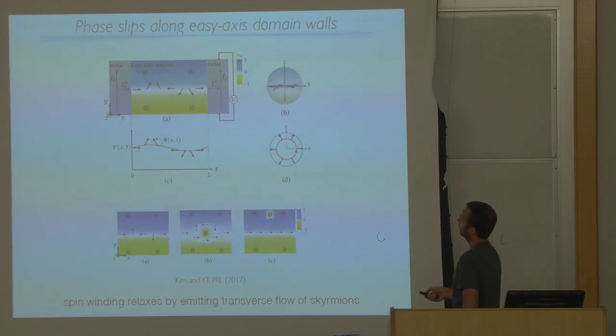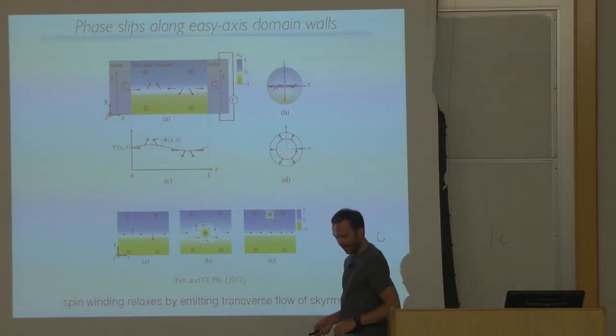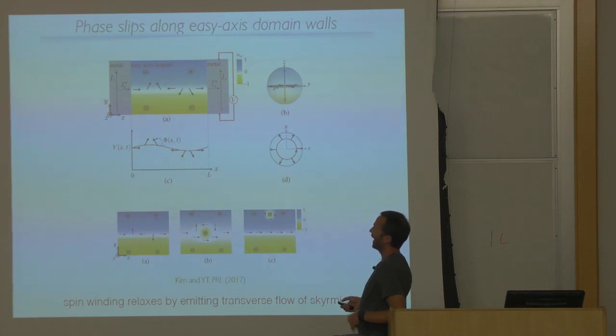So then a couple years ago, we thought, okay, instead of an easy-plane magnet, which is something a bit less generic and more delicate, let's start with a more generic situation of an easy-axis magnet and establish a spin superfluid winding dynamics along the domain wall.